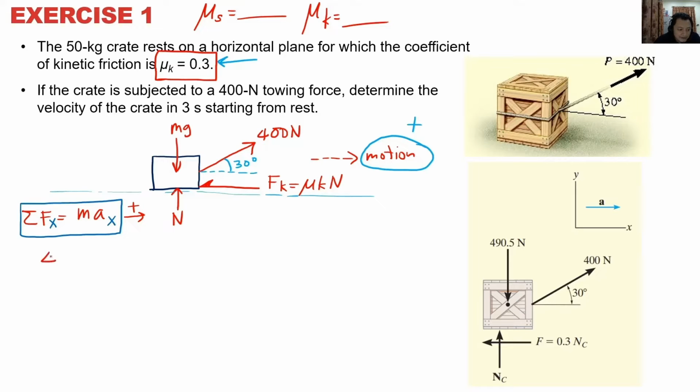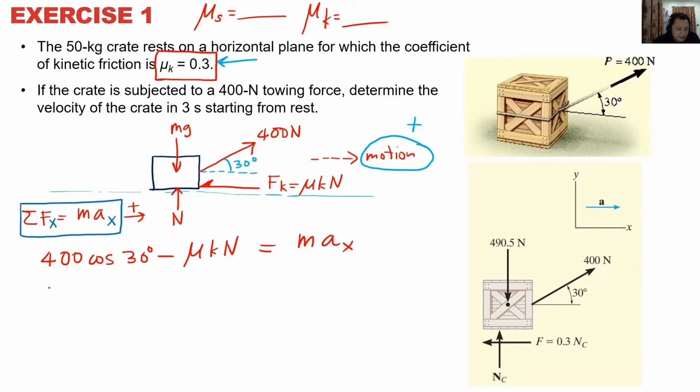So you have 400 cos 30 degrees, minus mu k times normal. And that's it. Equals ma, done. Not just any a, but ma_x.